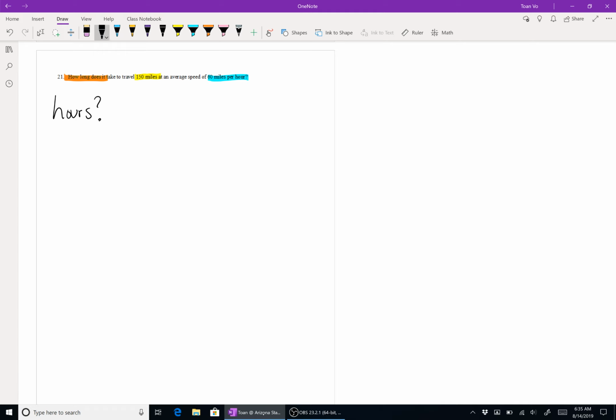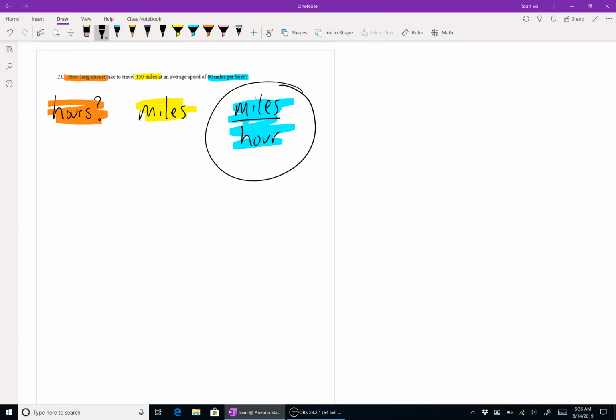So they want to find hours. What is the hours if I give you miles and miles per hour? So this is what it's asking us, and this is the information that they gave us. Now I hope it's a very obvious sentence, but I hope everyone agrees that to get miles per hour, you take miles and you divide it by hours.